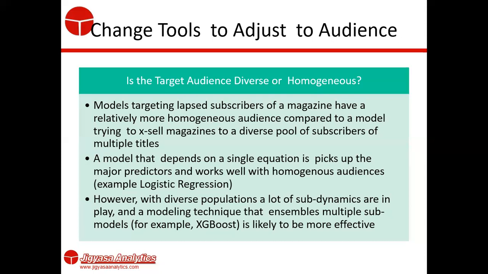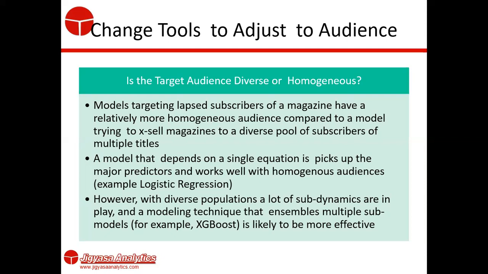There are different demographics, different age, different income, all of that, and you can still build a single model, but a lot of it is lost. And that is where machine learning type techniques, for example XGBoost, which builds multiple models with different subsets of predictors and samples of the population, might be more effective.